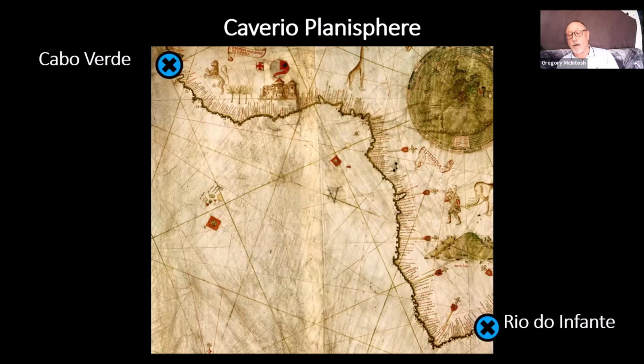The place names are remarkably consistent, and they read essentially as a text that mapmakers and scribes copied over and over for decades. Comparing the text of the Cavario planisphere to that of the Cantino planisphere and other Portuguese documents may answer whether the Cavario was derived from the Cantino, or whether its text of place names is a separate manuscript transmission apart from the Cantino.